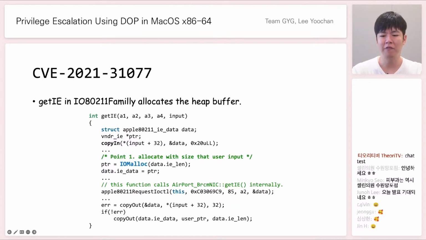Then in the getIE function, the kernel allocates a buffer, and the size of the buffer is user controllable. Using the allocated buffer, it calls the Broadcom NIC's getIE function. The important thing here is the allocated buffer size. Please note that the buffer is allocated with a user controllable size.